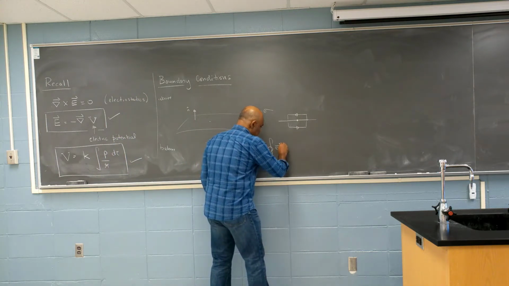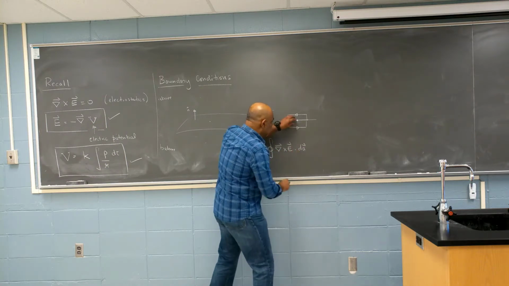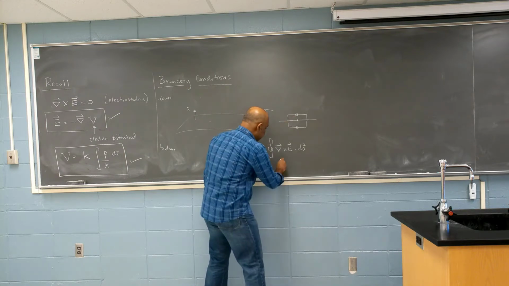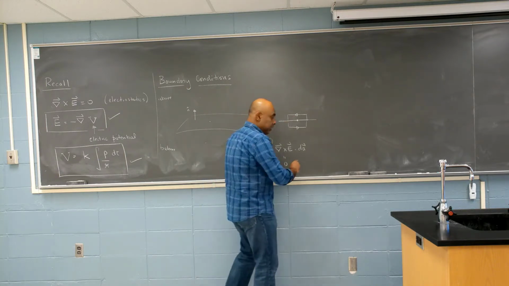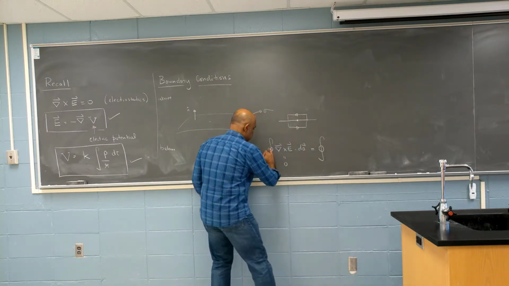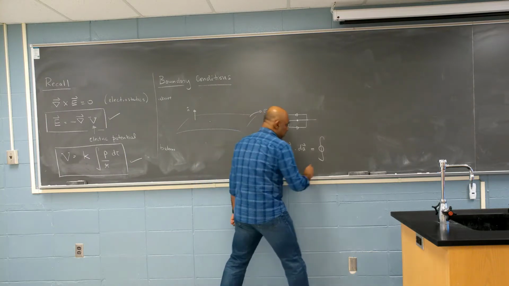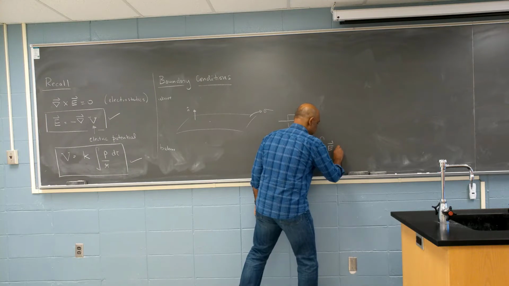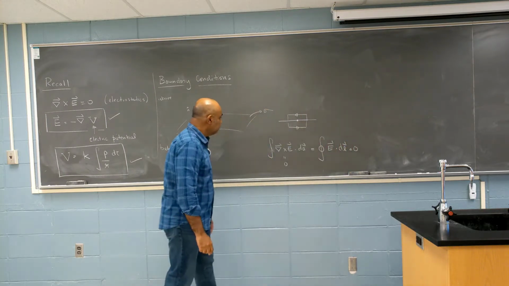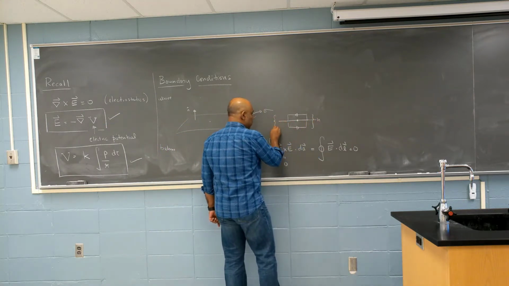Well, del cross E dot dA of this area, meaning with the normal pointing this way, but that is 0, and which means, sorry, area is just area. The closed boundary, E dot dl, must be 0.